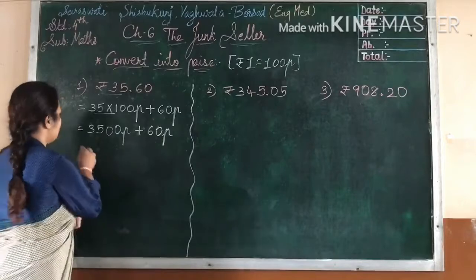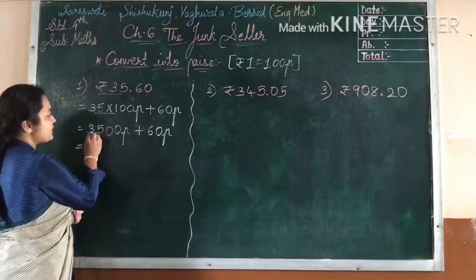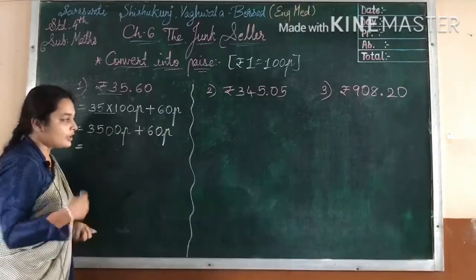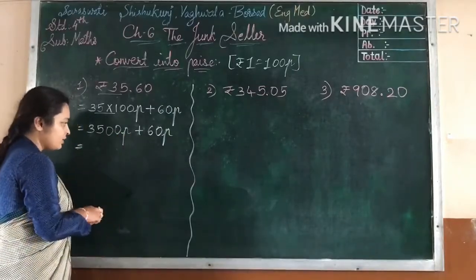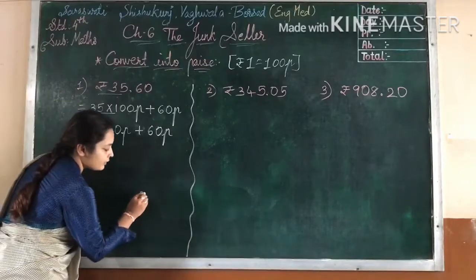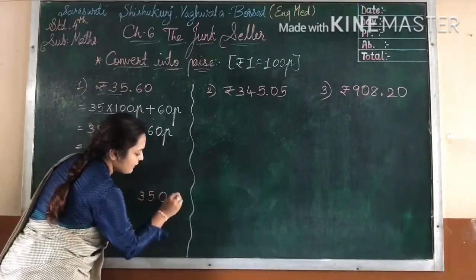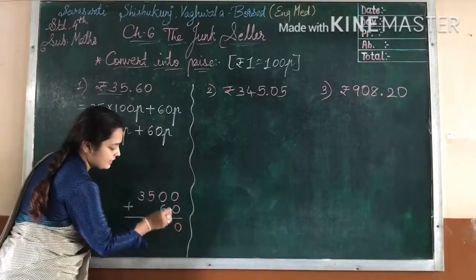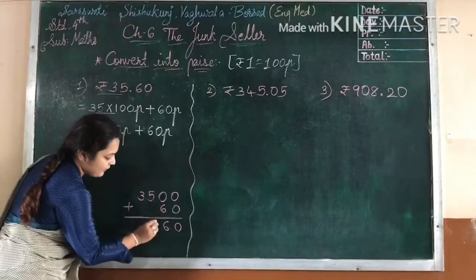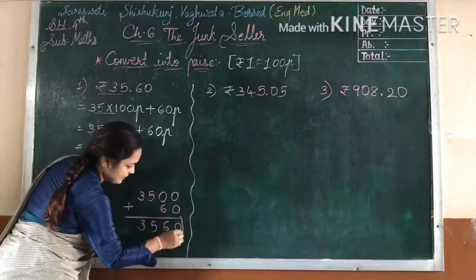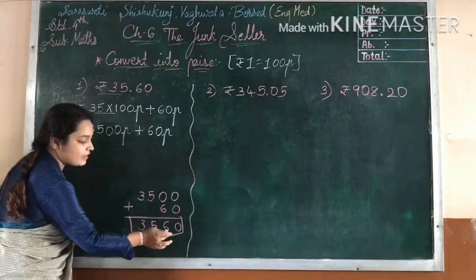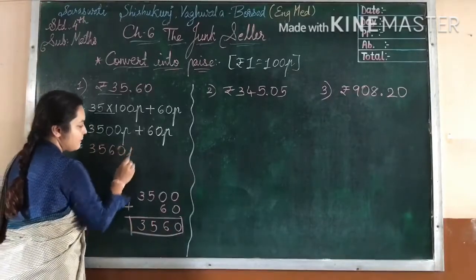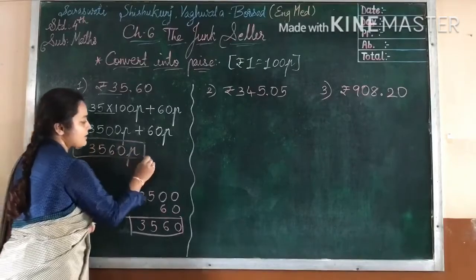Now, as you can see, 3,500 paisa plus 60 paisa. In rough you can also do that: 3,500 plus 60, 0 plus 0 is 0, 0 plus 6 is 6, 5 as it is, and 3 as it is. So what did you get? 3,560. So the answer is 3,560 paisa.